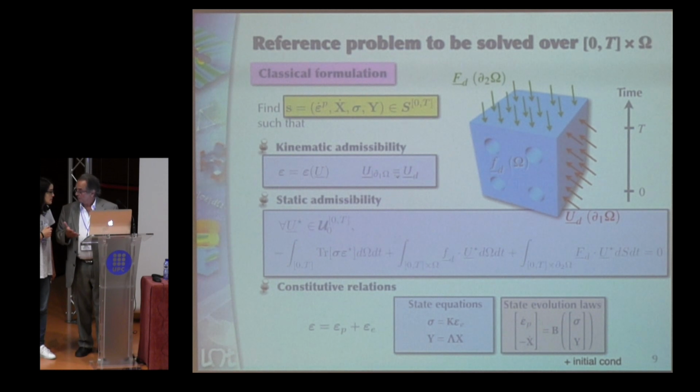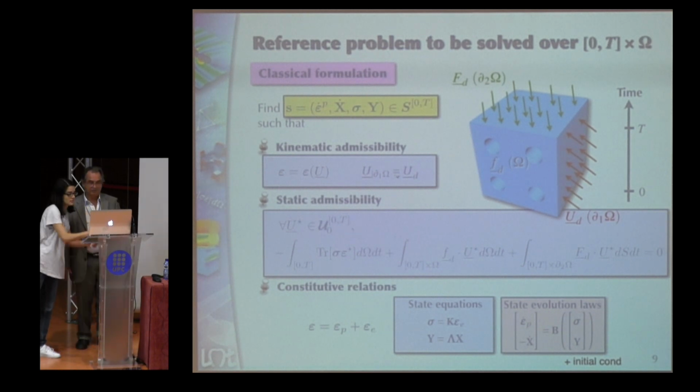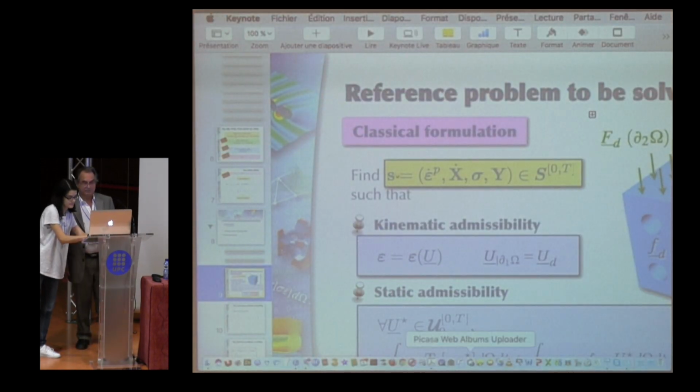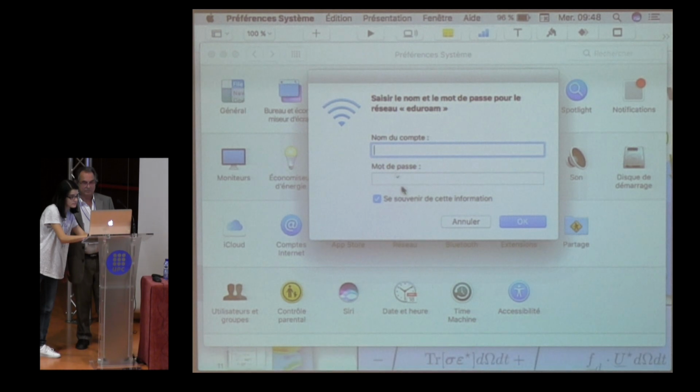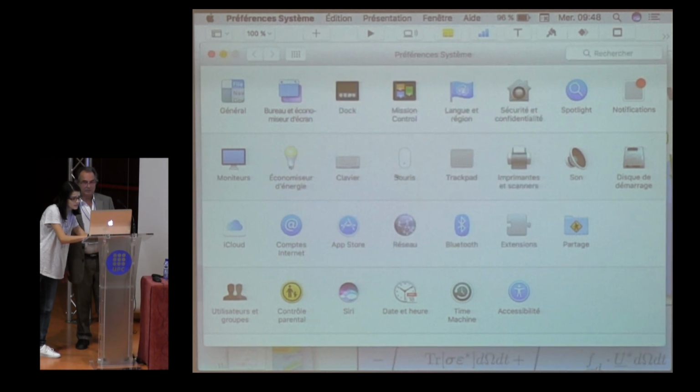We can try to disable the Wi-Fi. I don't see it now.